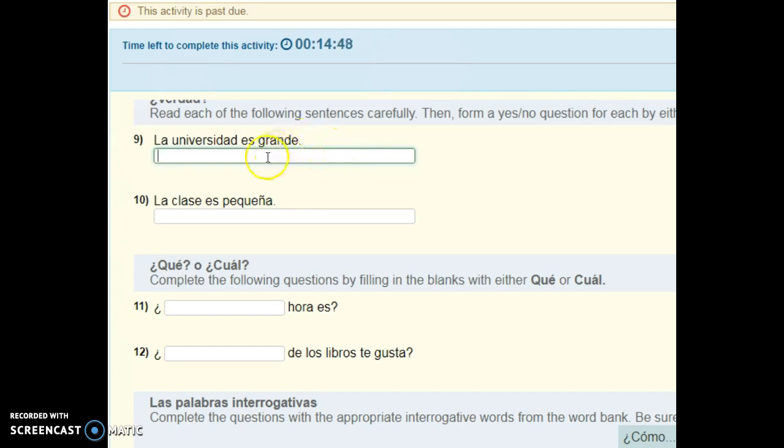I'm going to do it one each way. So I'm going to say la universidad es grande, no. Or you could say sí, that would be acceptable too.